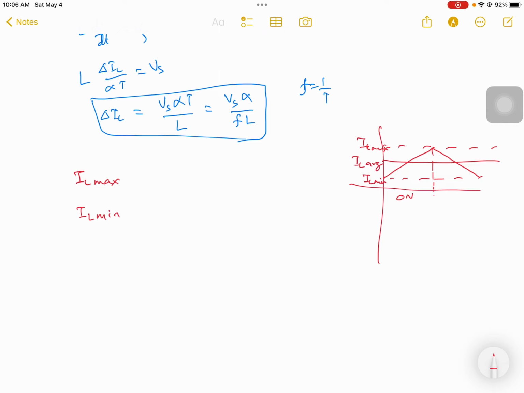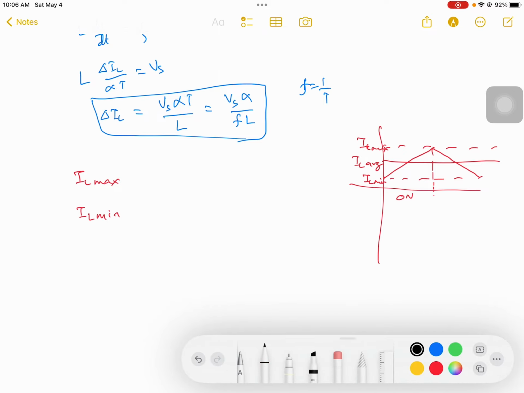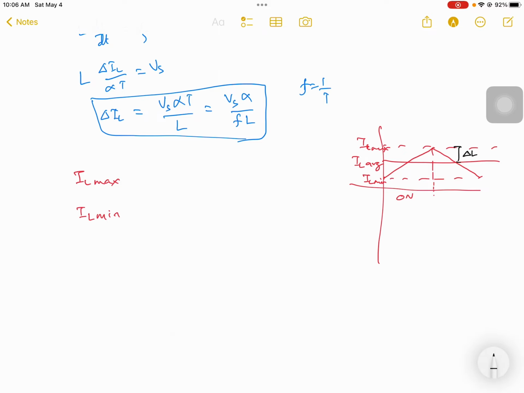If we just divide from here to here, it will be delta IL by 2, and from here to here also it's delta IL by 2. So IL max will be equal to the inductor average current plus delta IL by 2, which gives you the maximum inductor current.